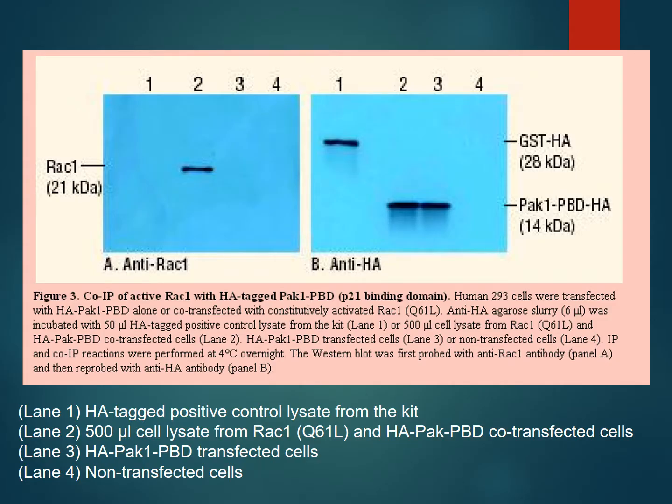So this is an example that I have here. And this is using, and it's abbreviated IP. So if you see in the literature co-IP, that's co-immunoprecipitation. And so what they did in this is kind of ingenious.